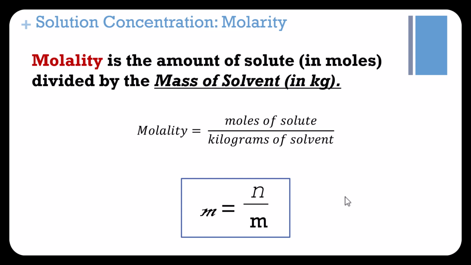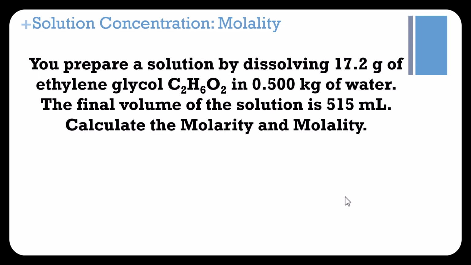So let's look at an example of a molality and molarity question. In this question, we're just going to review the concept of molarity and then also do one molality.